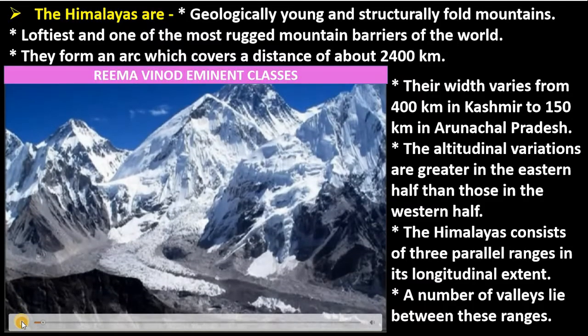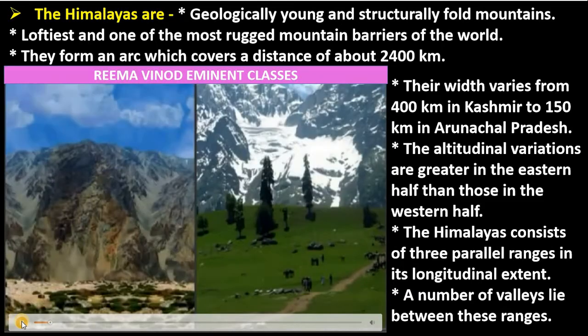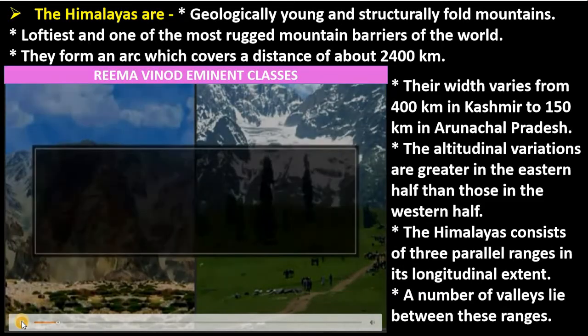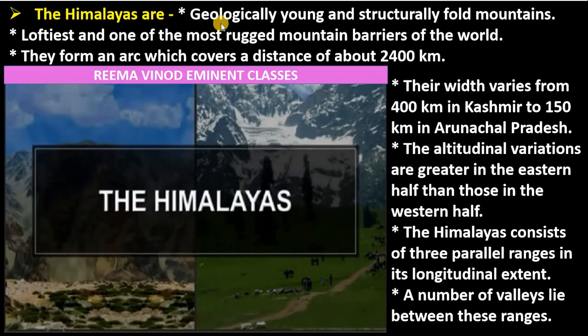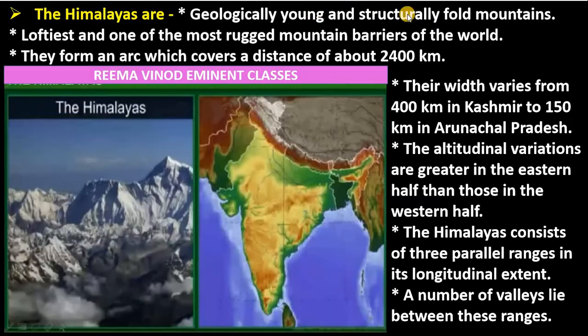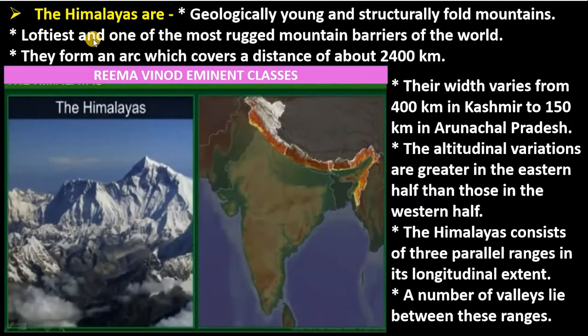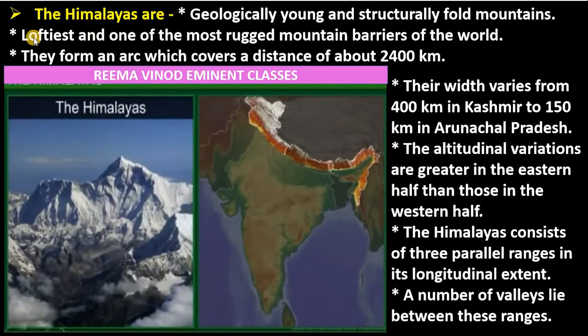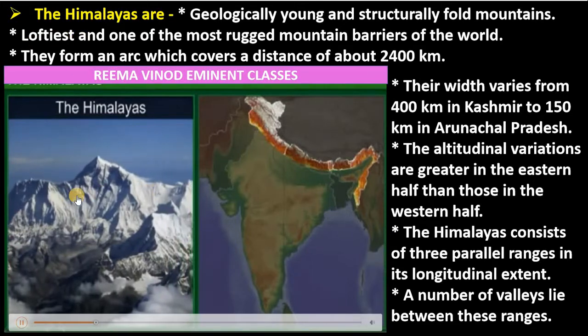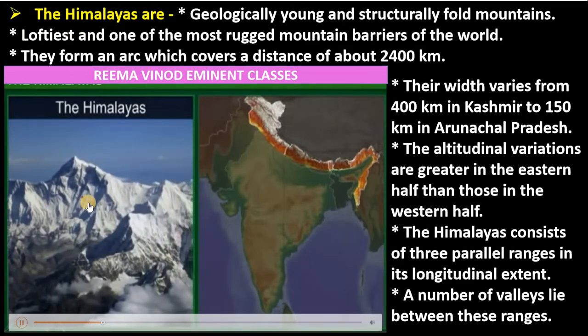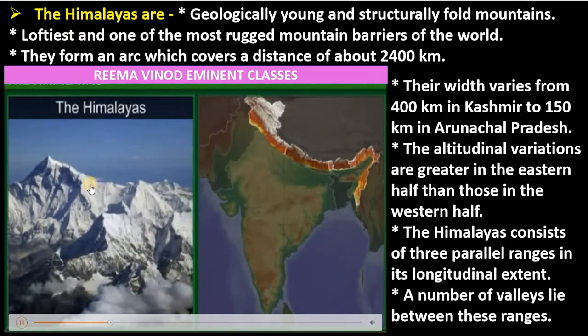So now we will start the discussion with the characteristic features of Himalayas. Himalayas are geologically young and structurally fold mountains. These are the loftiest and one of the most rugged mountain barriers of the world.